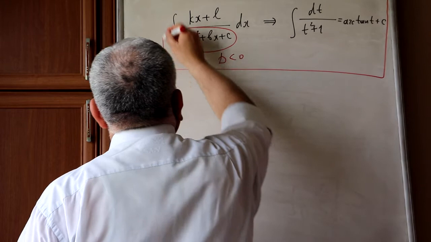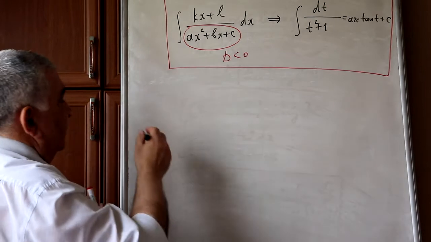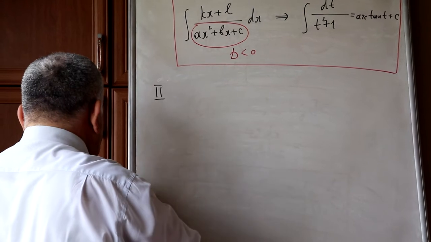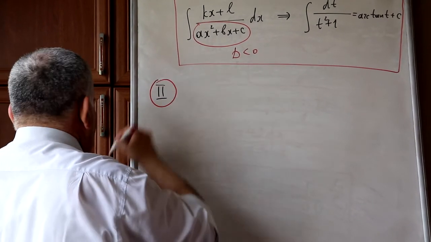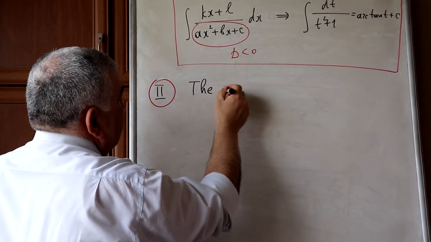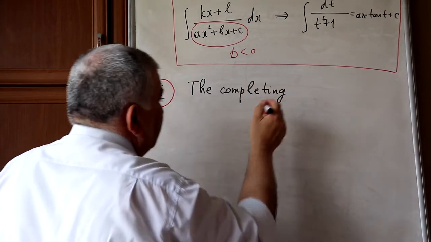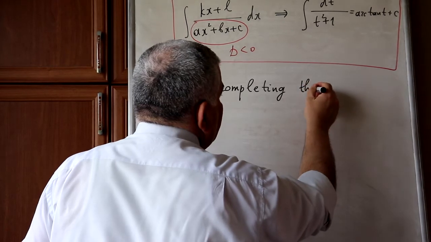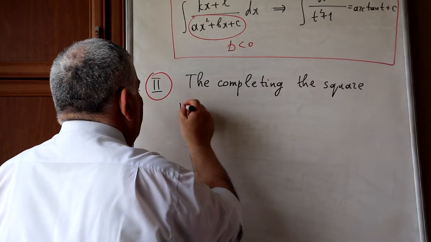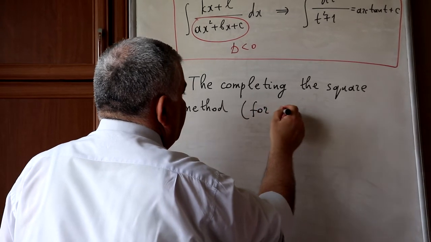Then go to the second type of the completing the square method, for arcsine.